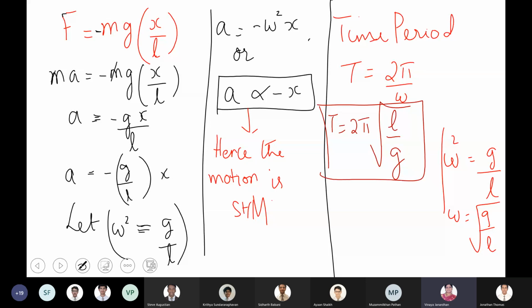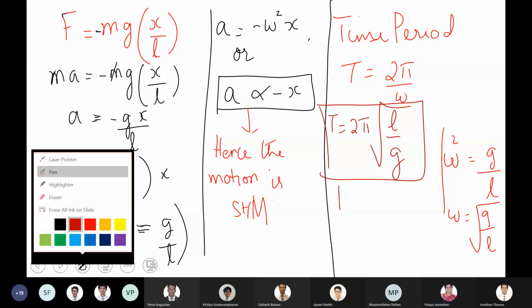This depends on the length of the pendulum and it depends upon the acceleration due to gravity. It is not going to depend on the mass of the simple pendulum. That is the reason, even if the mass of the pendulum changes, the time period will not change, unless the experimental condition as well as the length of the pendulum change.